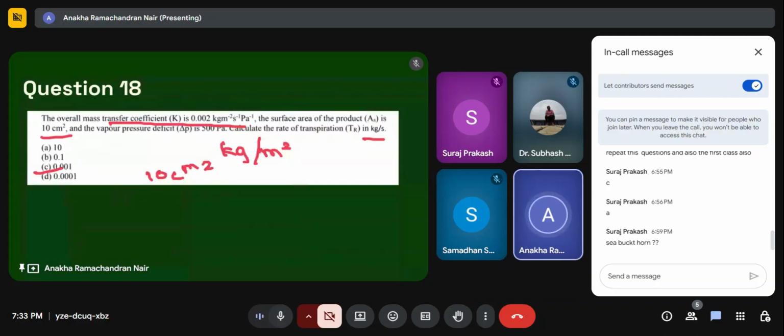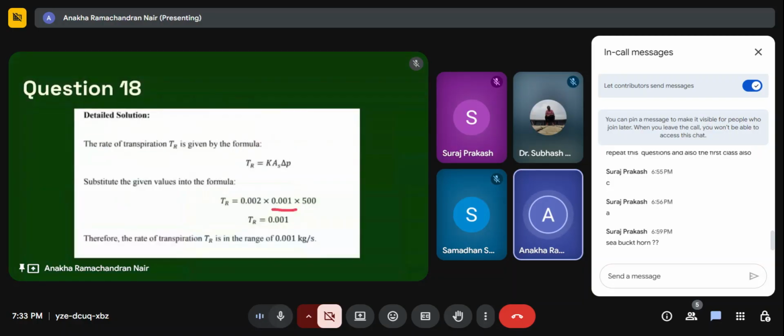So that is why here the area is given as 0.001. Okay. Any doubt in this question?